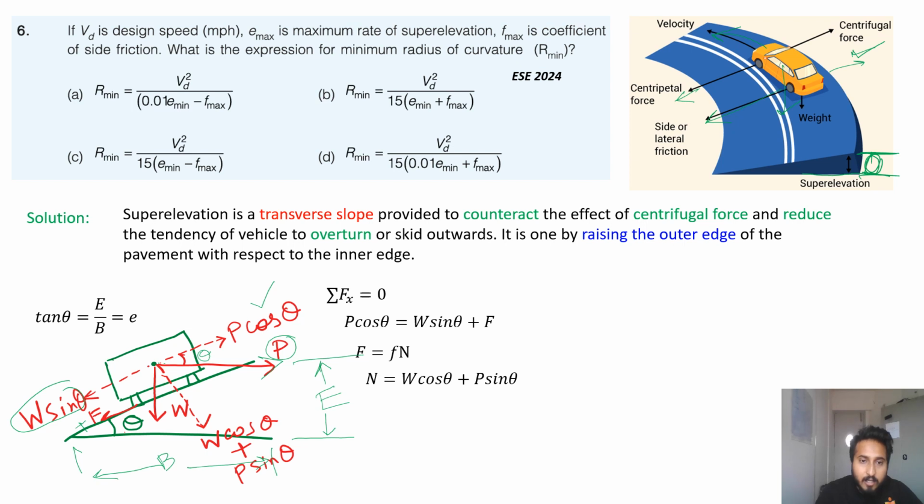Normal reaction is W cos theta plus P sin theta. So we get P cos theta equals W sin theta plus f into W cos theta plus P sin theta.